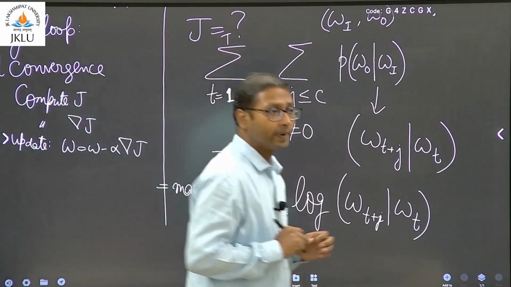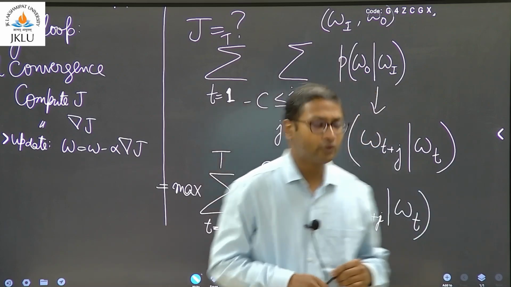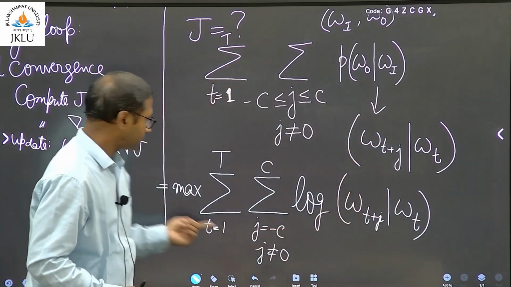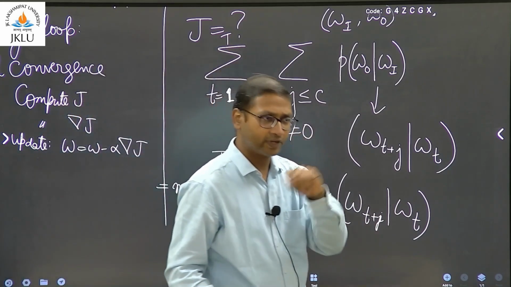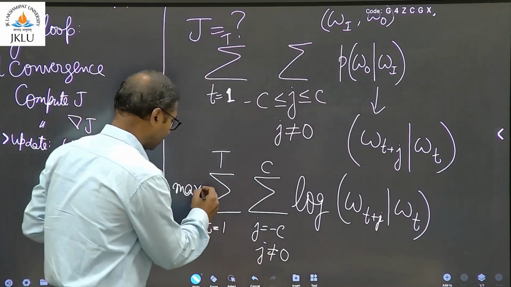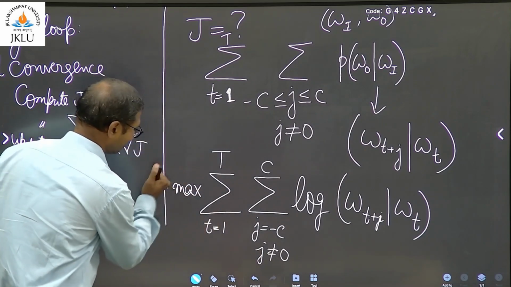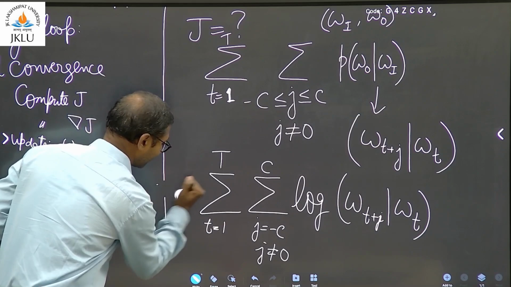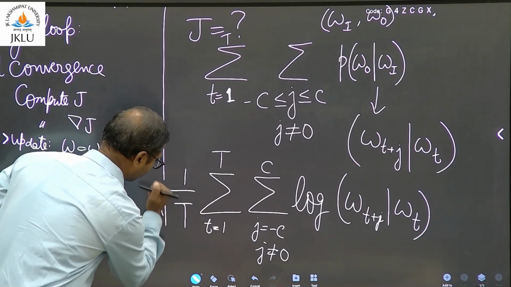Now remember, when we were doing machine learning, we said we don't want an aggregate of this, we rather want an average. Okay. So ये फिर से मैक्स उड़ेगा, 1 by T. Okay.